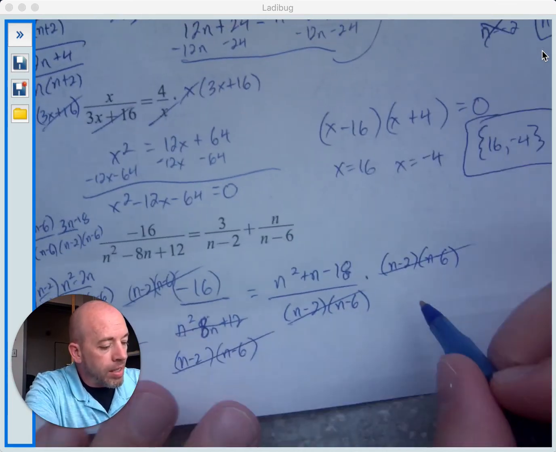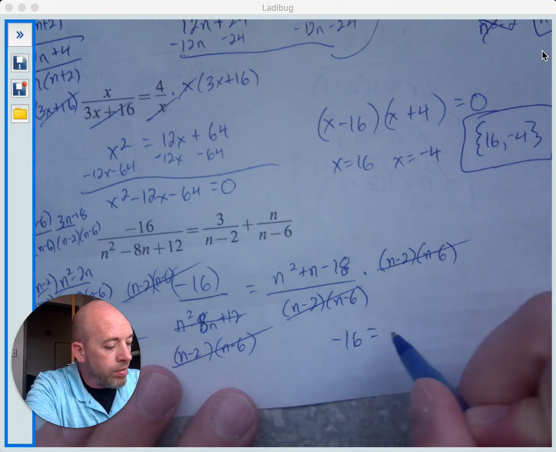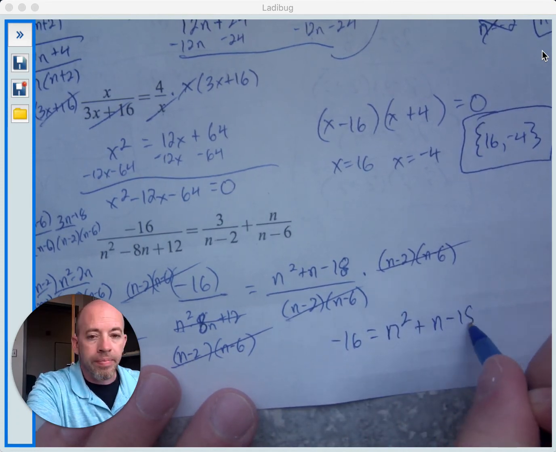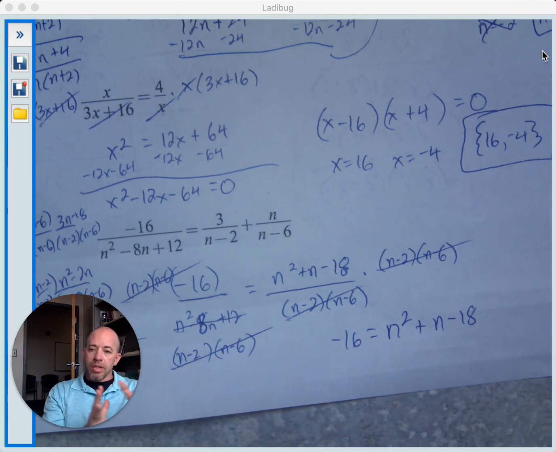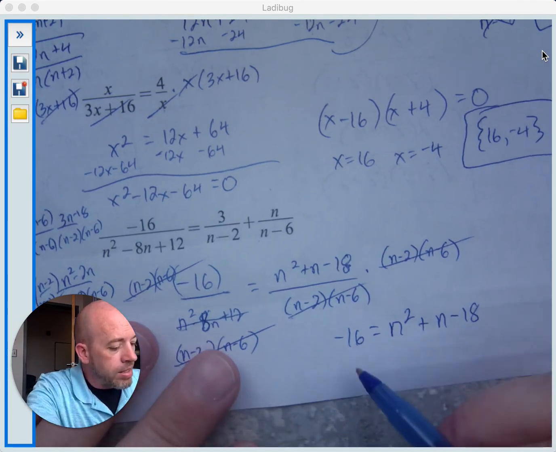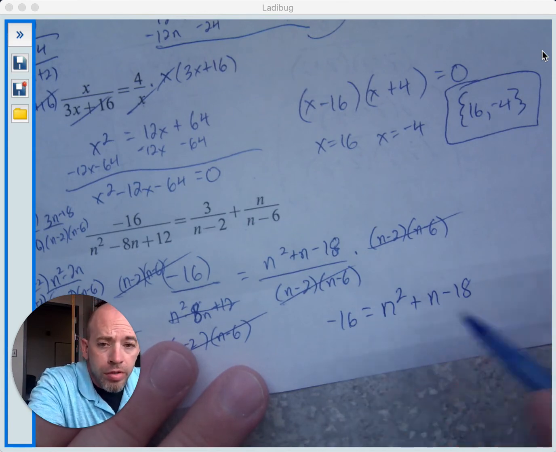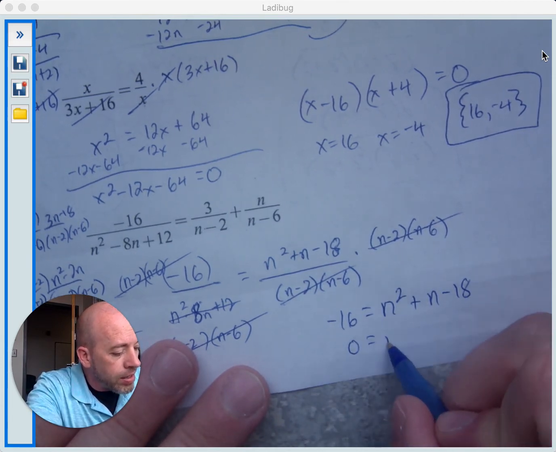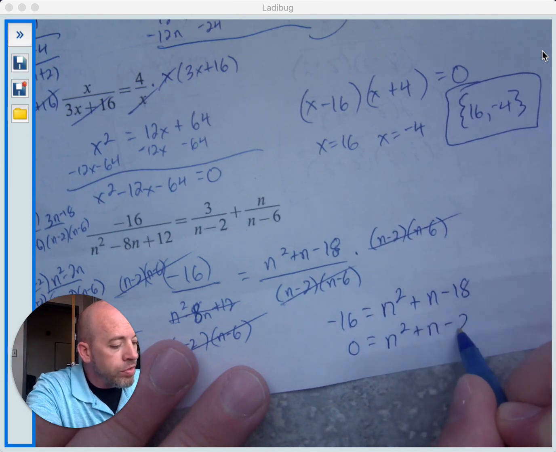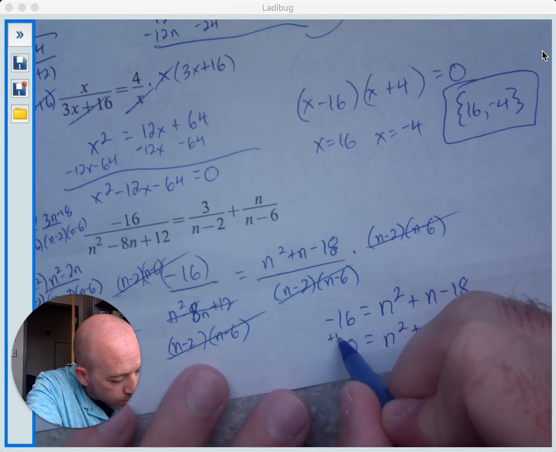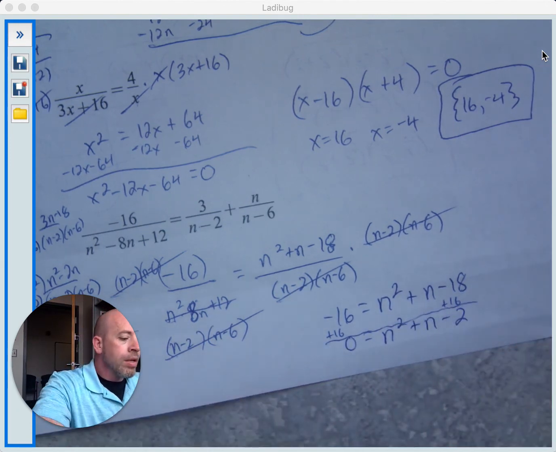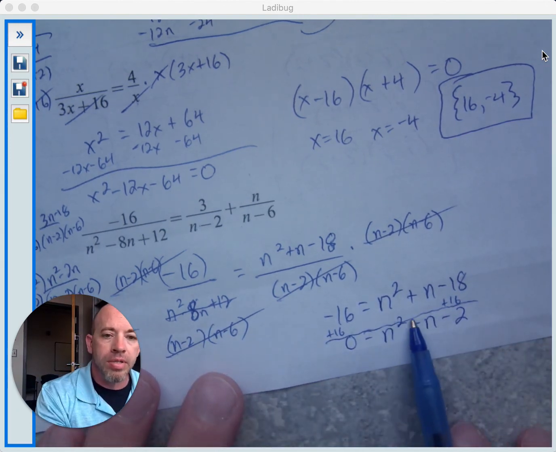And we get negative 16 equals n squared plus n minus 18. We want to get everything on one side set equal to 0, so we add the 16. If we add 16 to negative 18, we get a negative 2, right? Plus 16, plus 16. All right, so we have 0 equals n squared plus n minus 2.